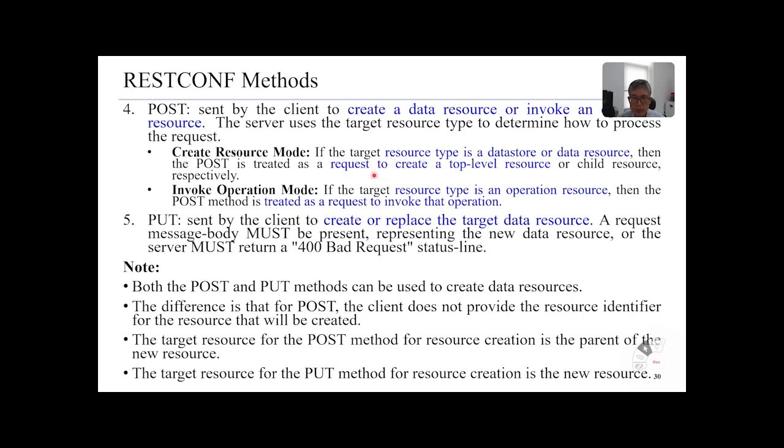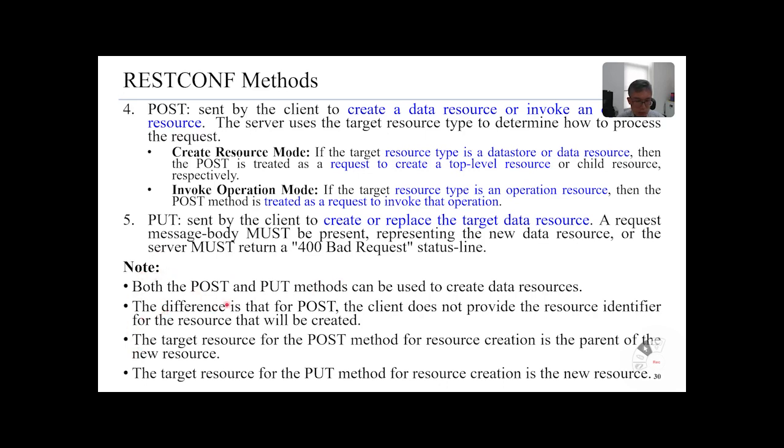So it creates a top level resource. Secondly, in the invoke operation mode, we can execute an operation. On the other hand, the put method is used to create or replace the target data store.